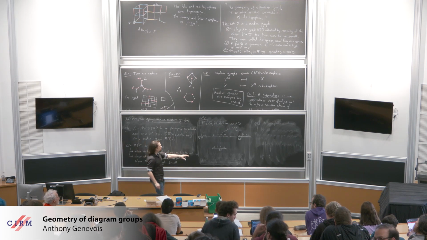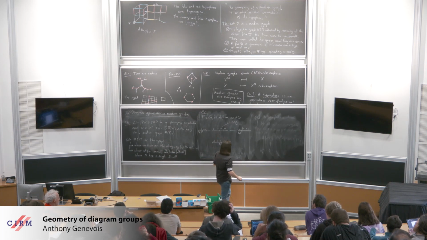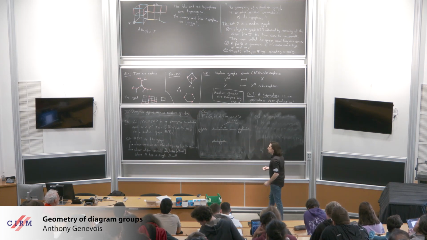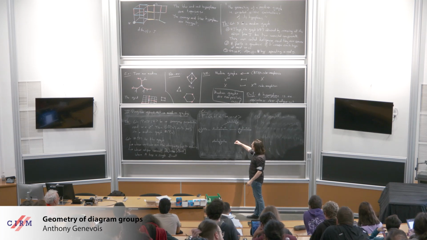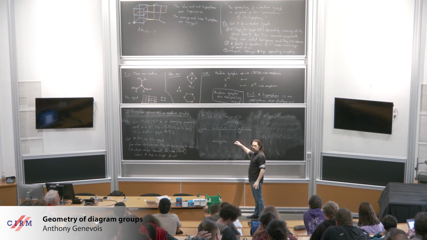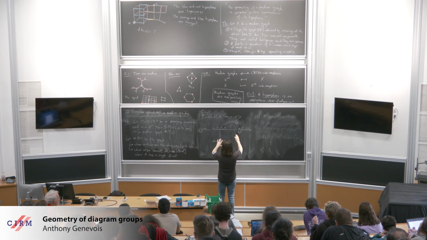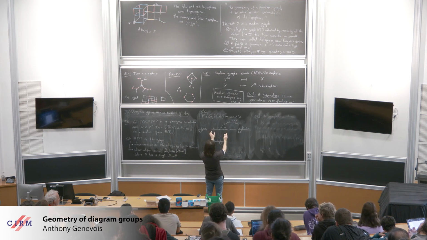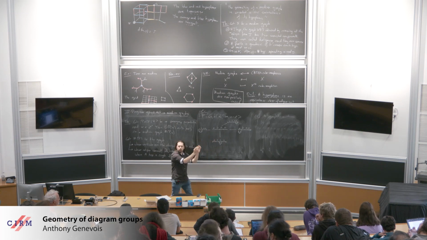Maybe I will keep drawing, and you tell me if there is something not clear. The point is that it will be actually not really median, but almost. But there should be some cubes in it. And we see that there are some cubes because in this case you glue something here, and to go over there you glue something here. But you can do the two at the same time.